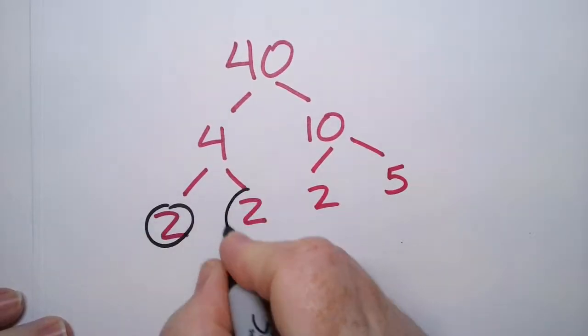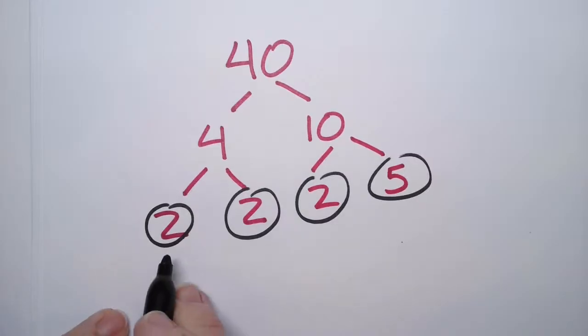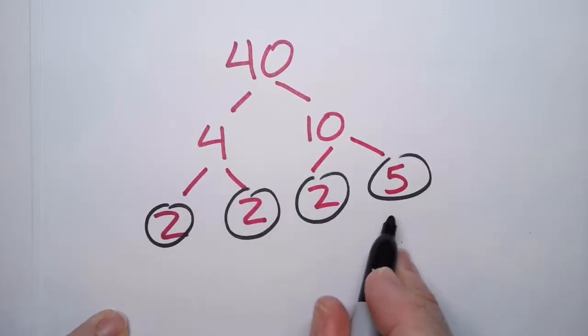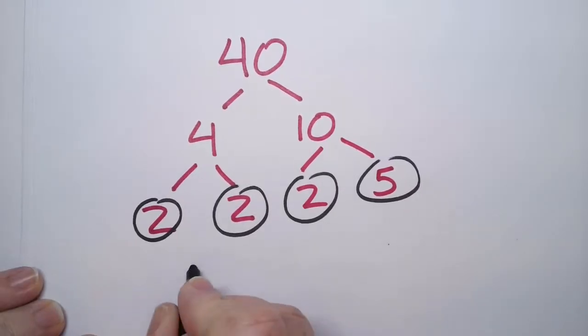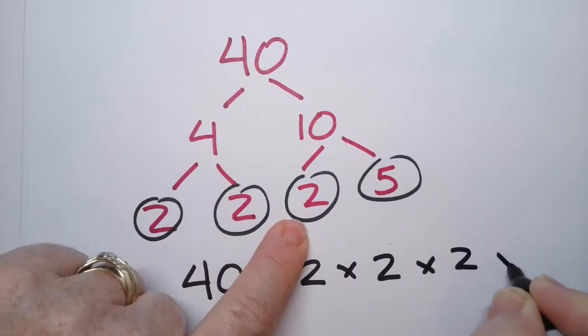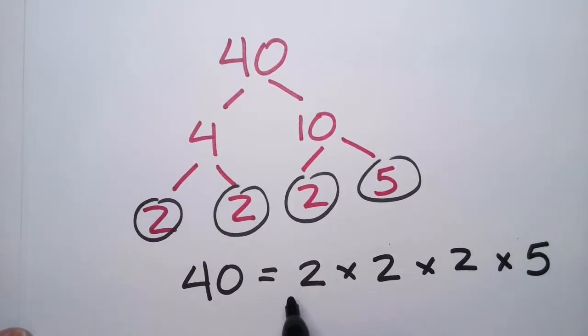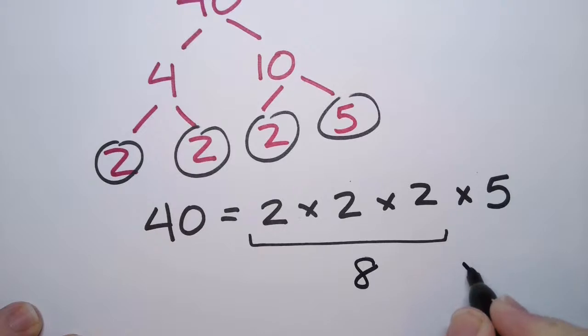It's called prime factorization. So you keep breaking the numbers down into their components until you get numbers that don't go any further besides just saying the number itself times 1. So these are primes. So what we're saying is 40 is equal to 2 times 2 times 2 times 5. And you could combine these in different ways to find the different factors. For example, 2 times 2 times 2 is 8 times 5.